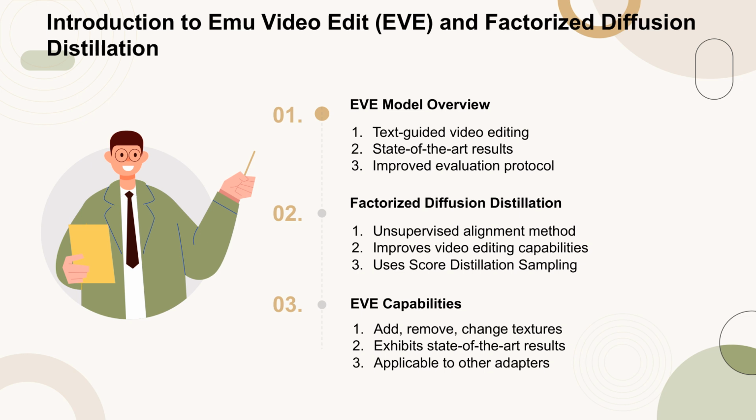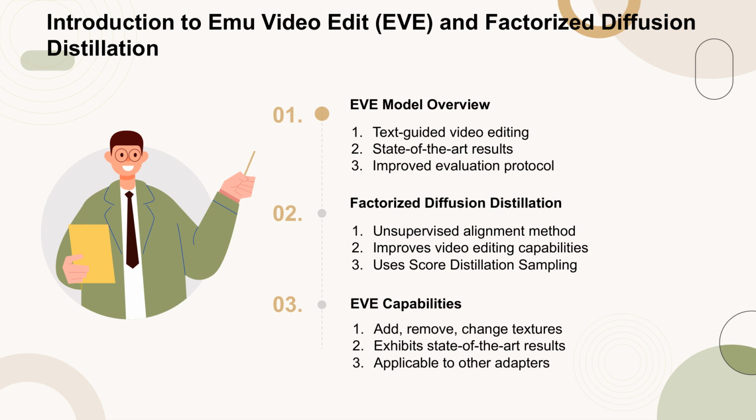The Emu Video Edit, EVE, model is designed for text-guided video editing, achieving state-of-the-art results on the Text-Guided Video Editing (TGVE) benchmark. The core of EVE's success lies in the Factorized Diffusion Distillation (FDD) method, an unsupervised alignment technique that significantly enhances video editing capabilities.